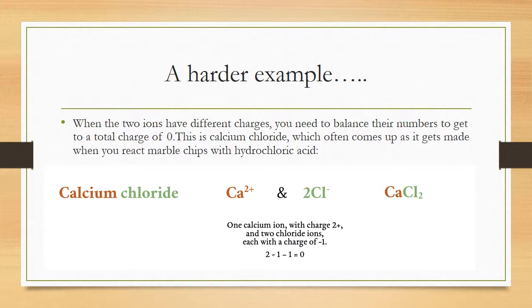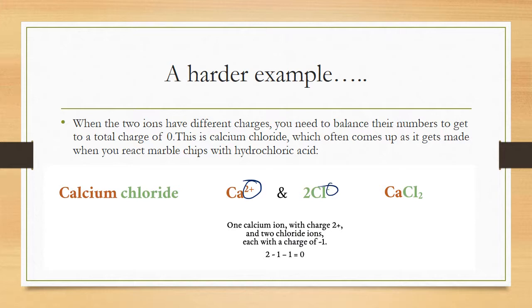Of course, there can also be harder examples. When two ions have different charges, you need to balance their numbers to get a total charge of 0. The example below is calcium chloride, and it often comes up as a question because it's made when you react marble chips with hydrochloric acid, which is an important reaction in rates of reaction. The calcium 2 plus has a charge of 2, and the chloride has a charge of 1 minus.